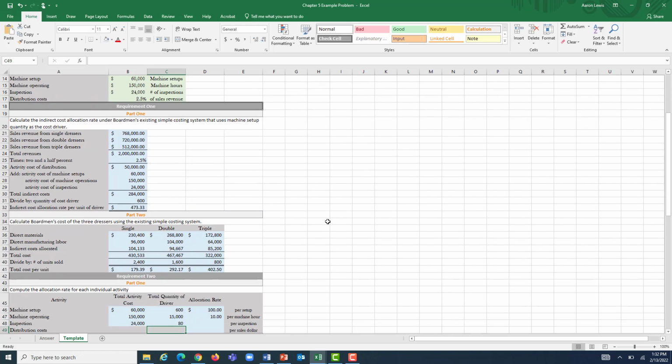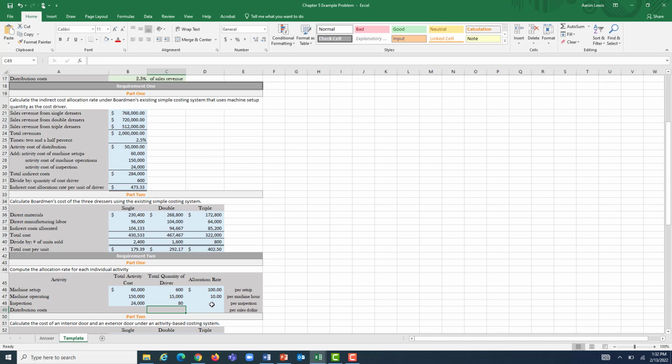That is a total of 80 inspections across all models. Well, if we're going to spend $24,000 to do all of the inspections, and we're going to do 80 of them, that means that each inspection that we do is causing us to incur $300 in indirect costs.